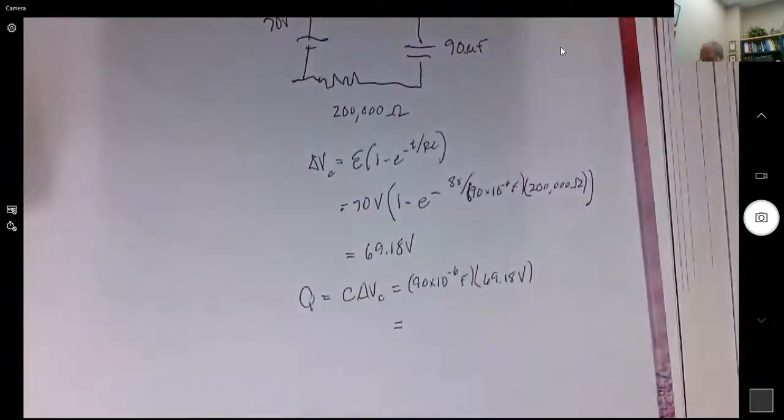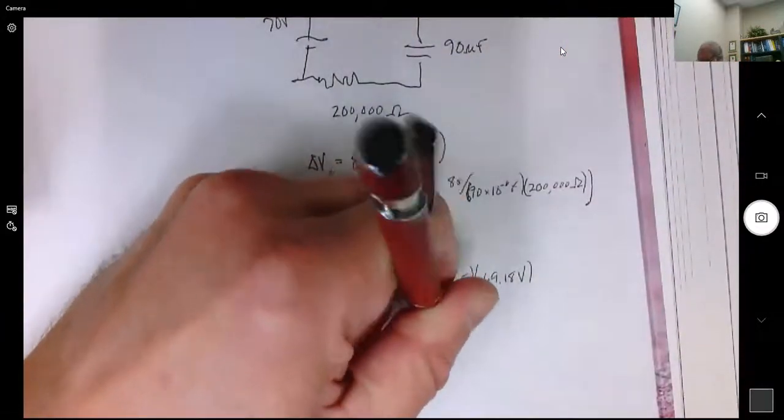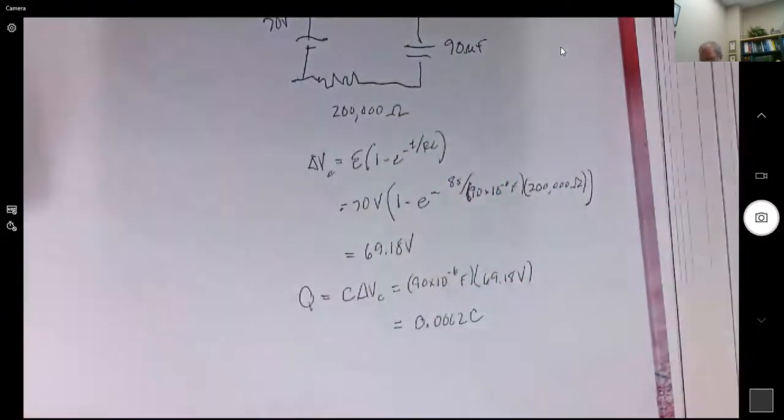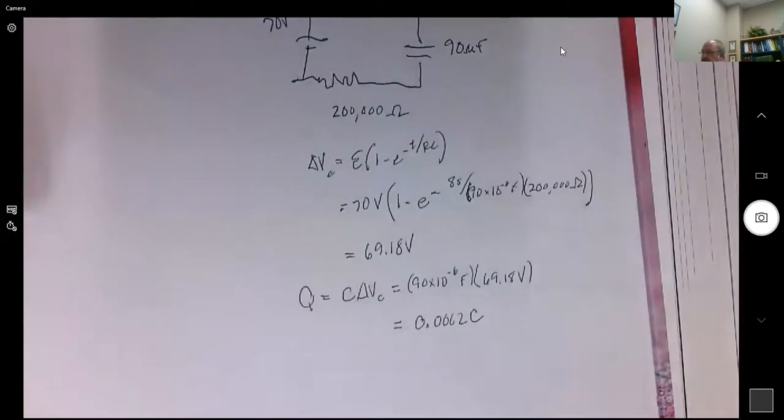And that gives us 0.0062 coulombs of charge, okay, that's accumulated on that capacitor. Okay, so that's the answer for number 6.